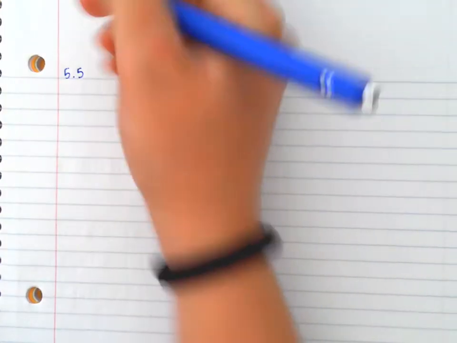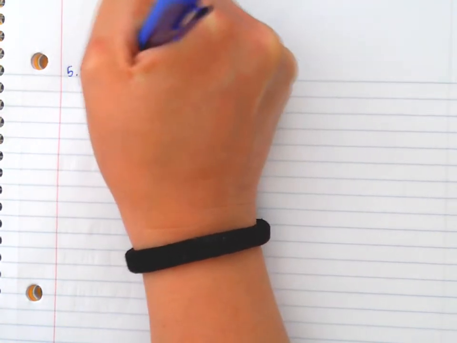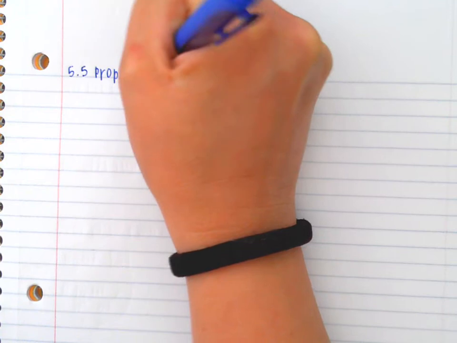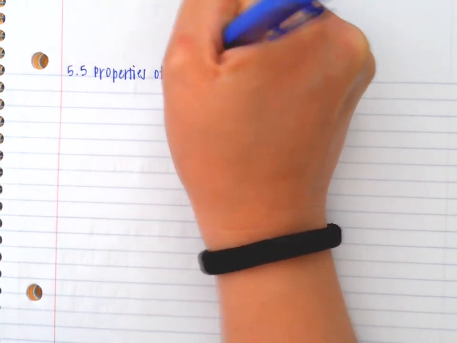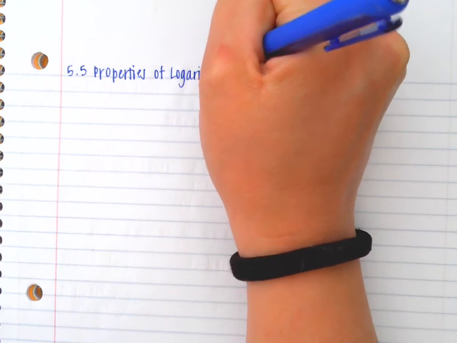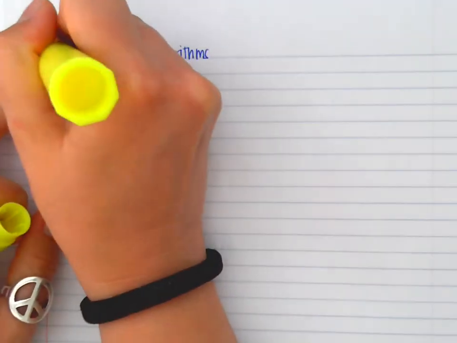Okay, 5.5. So this is just going to be using the rules that we did in the last video and applying them to example problems, because the example problems on the organizer are kind of basic. So we're going to use a little bit more complicated ones. If you have your organizer, get it out, use it.